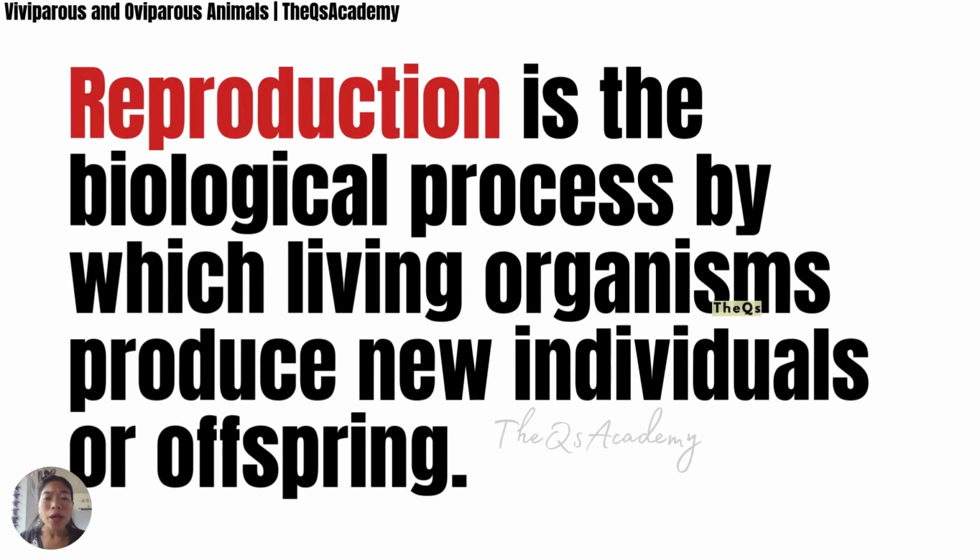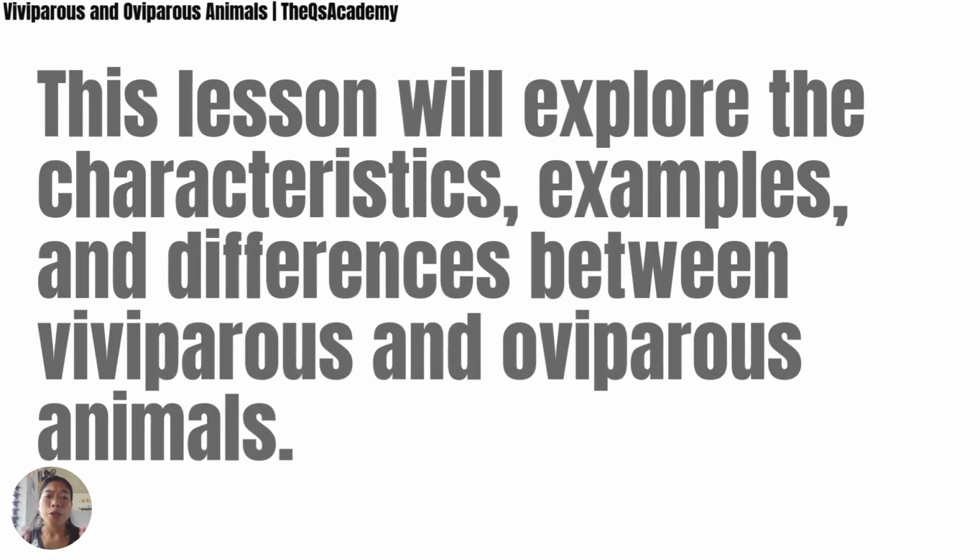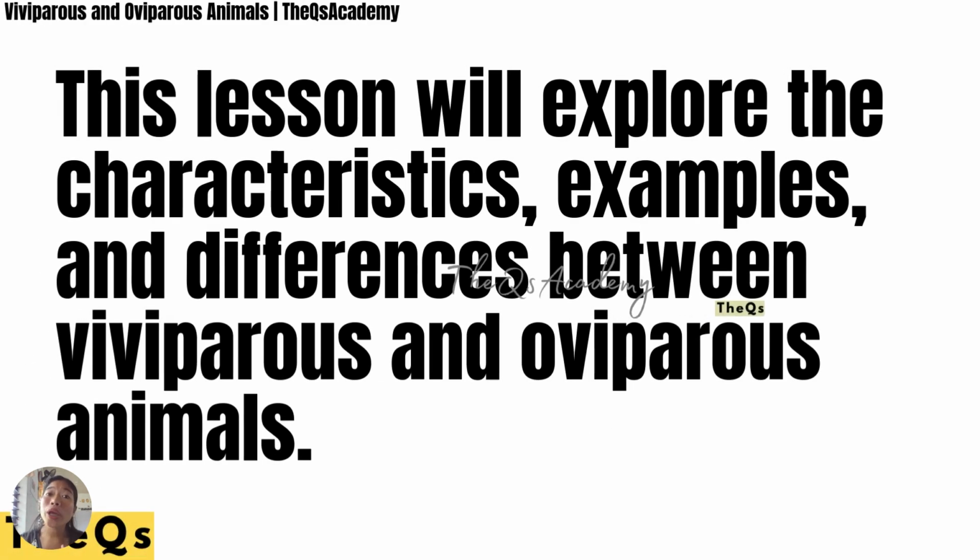So now, remember that reproduction is the biological process by which living organisms produce new individuals or offspring. Remember that. In this lesson, we will explore the characteristics, examples, and differences between viviparous and oviparous animals.